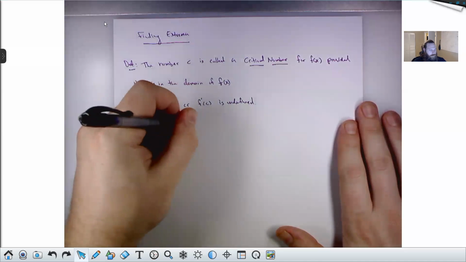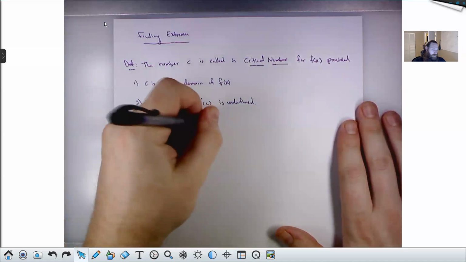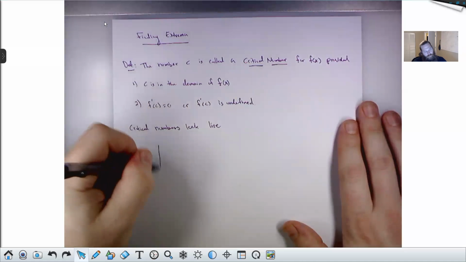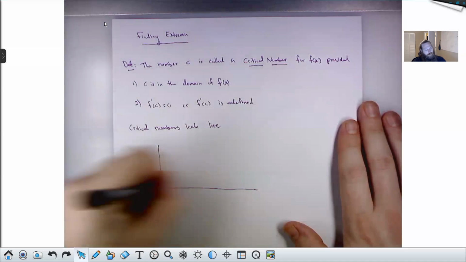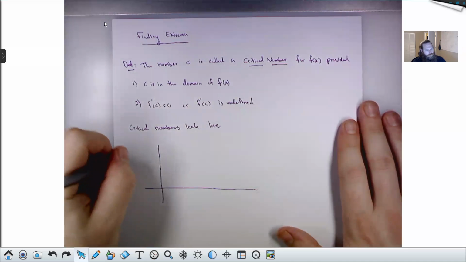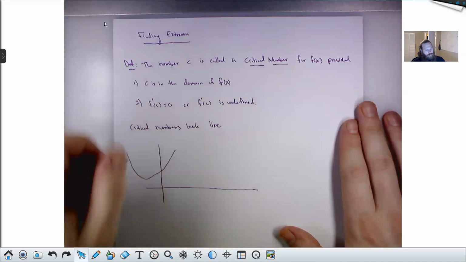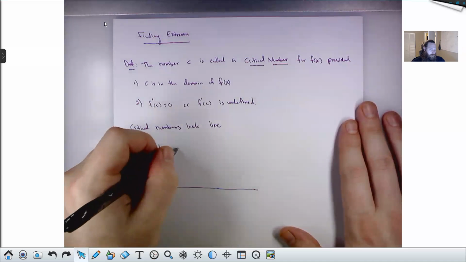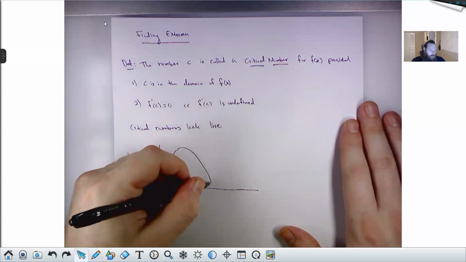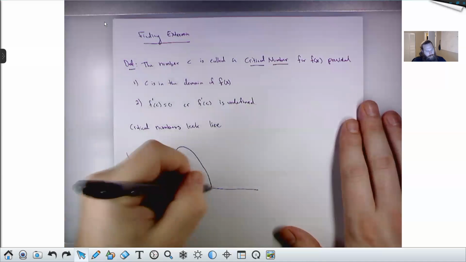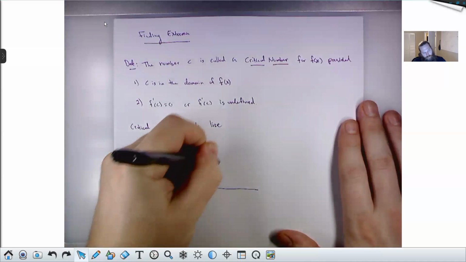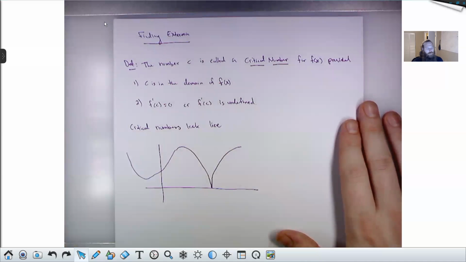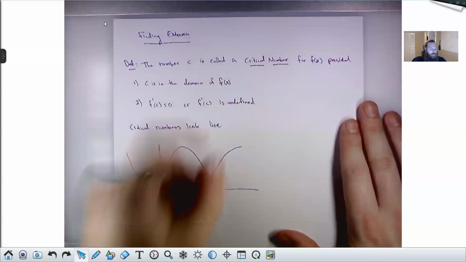What I mean by look like is like on the graph, maybe you go from being decreasing to increasing in a smooth way. Maybe you go from increasing to decreasing in a smooth way. Maybe you go from decreasing to increasing in a pointy way. All of these things are possible.